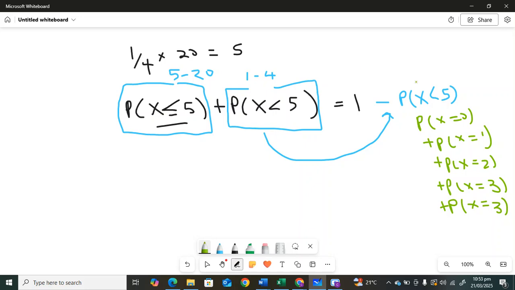Now, if you're not comfortable with this method, this is the long cut.